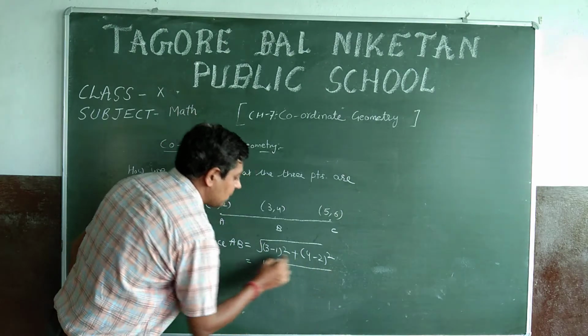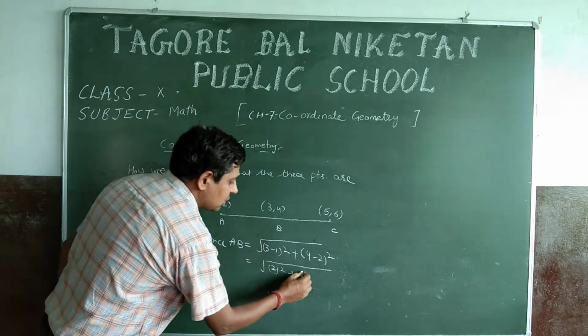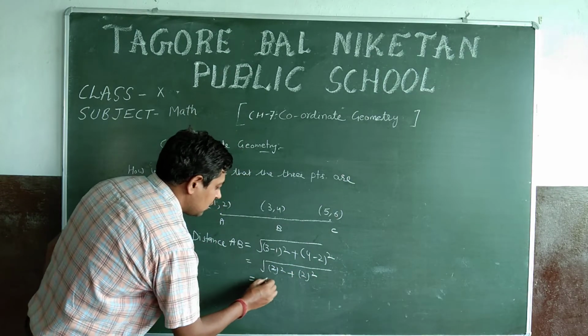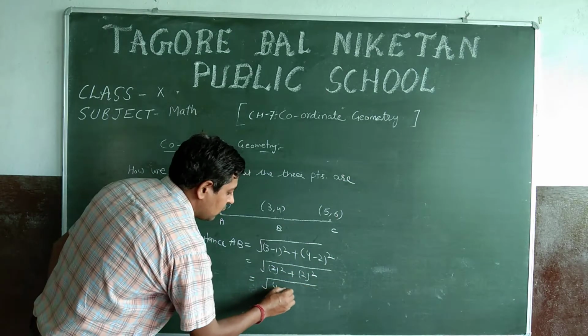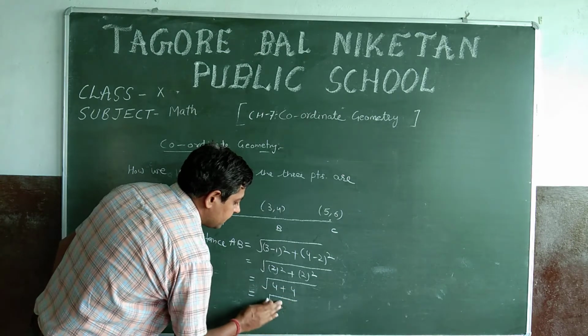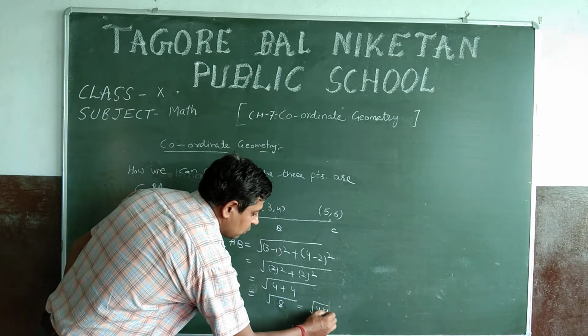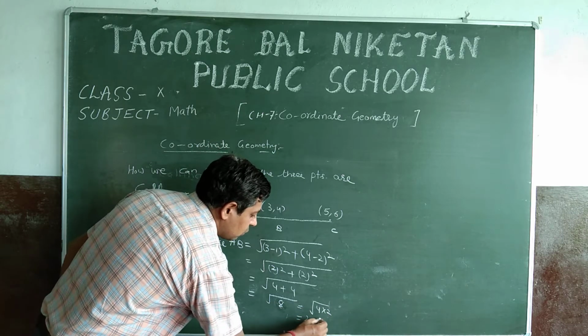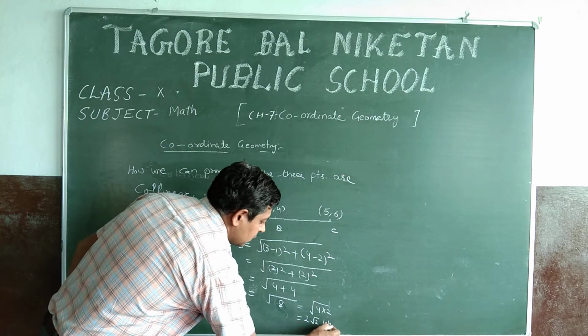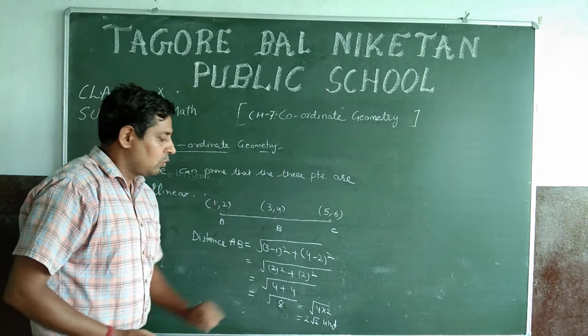So 3 minus 1 equal to 2, 2 square plus 4 minus 2 equal to 2, 2 square. 2 square equal to 4 plus 4, 4 plus 4 equal to 8, and we can write it as 4 into 2, square root of 4 equal to 2 root 2 unit. So the distance between A and B is 2 root 2 unit.